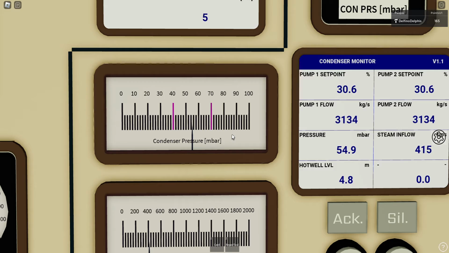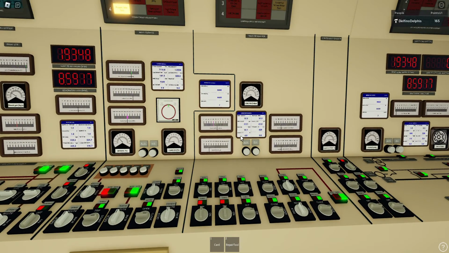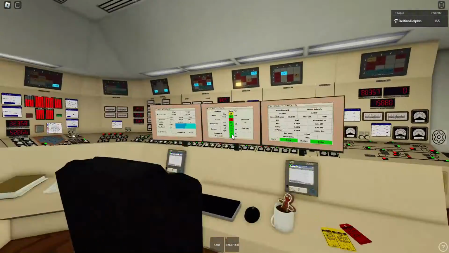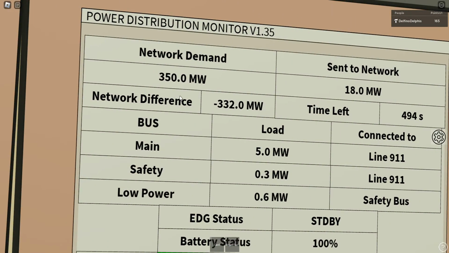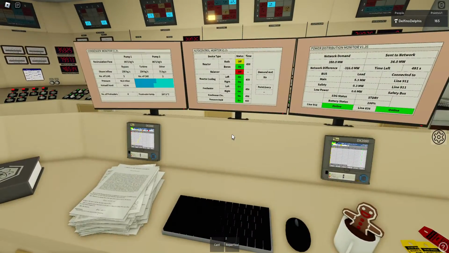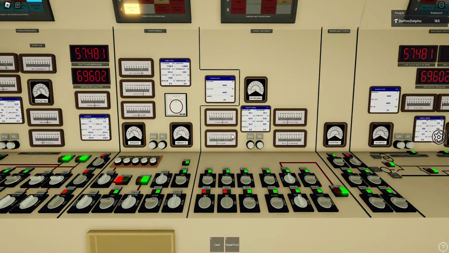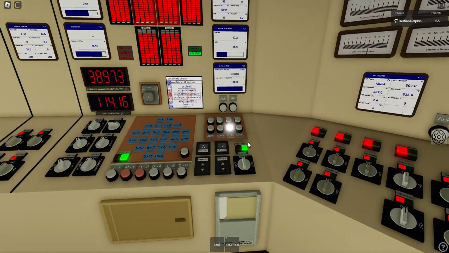Condenser pumps might have a little lag. Let's see the demand. So the demand is 350. The top power of the reactor is 500 megawatts. So I will need more, probably about 70%.